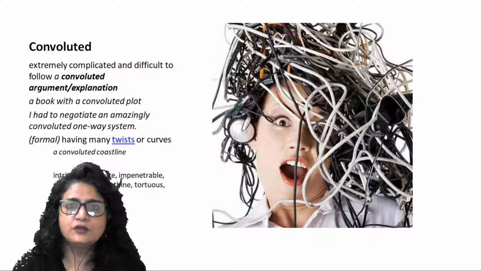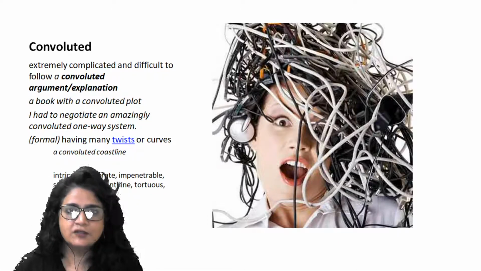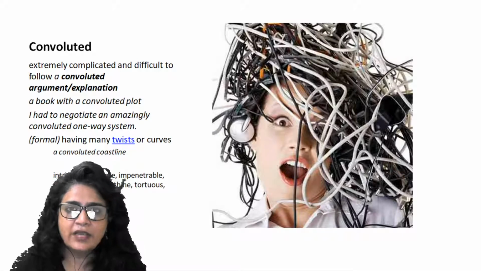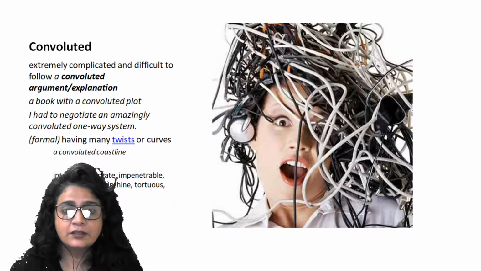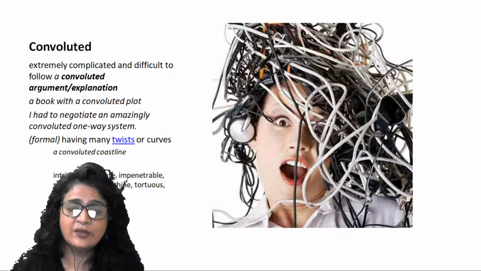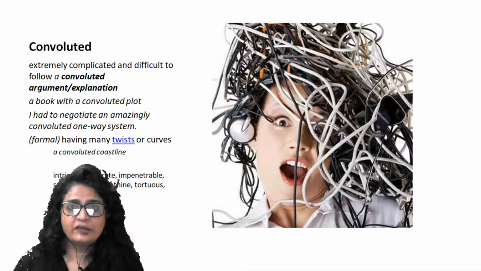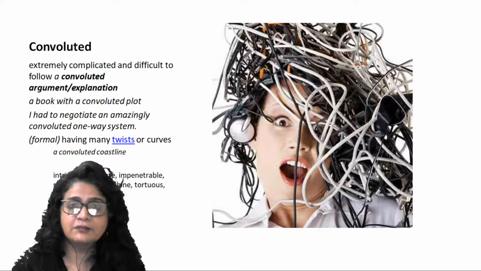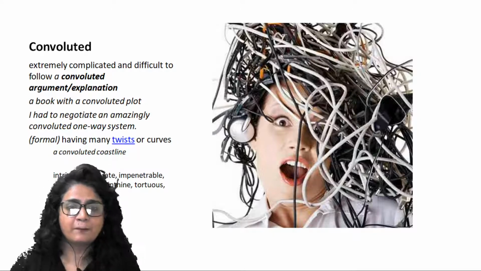A convoluted coastline which is not straight, but rather full of twists and turns. Intricate, elaborate, impenetrable, serpentine like a snake, right? So serpentine queues are huge queues, long lines, but at the same time the lines are not straight.